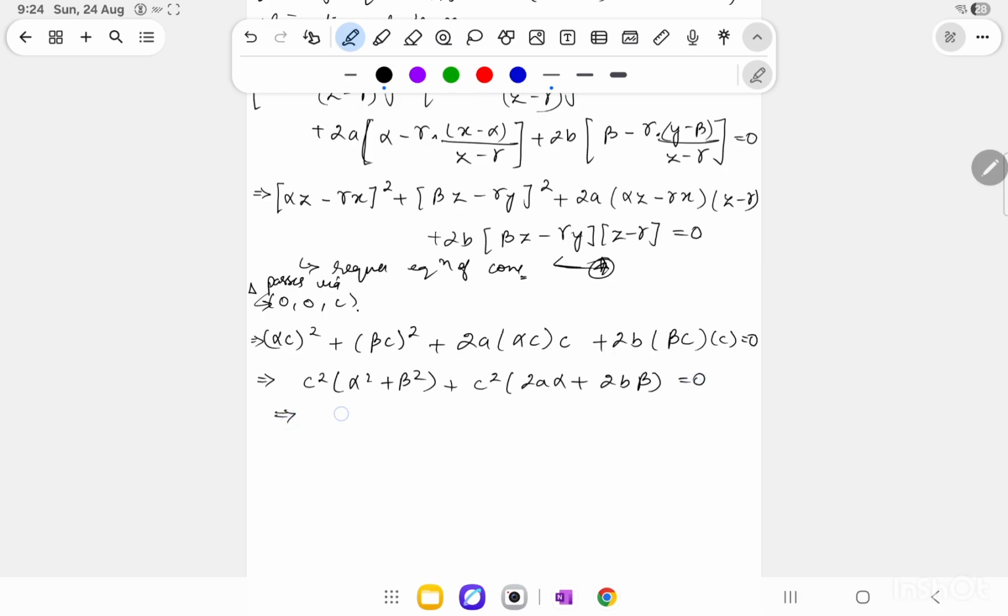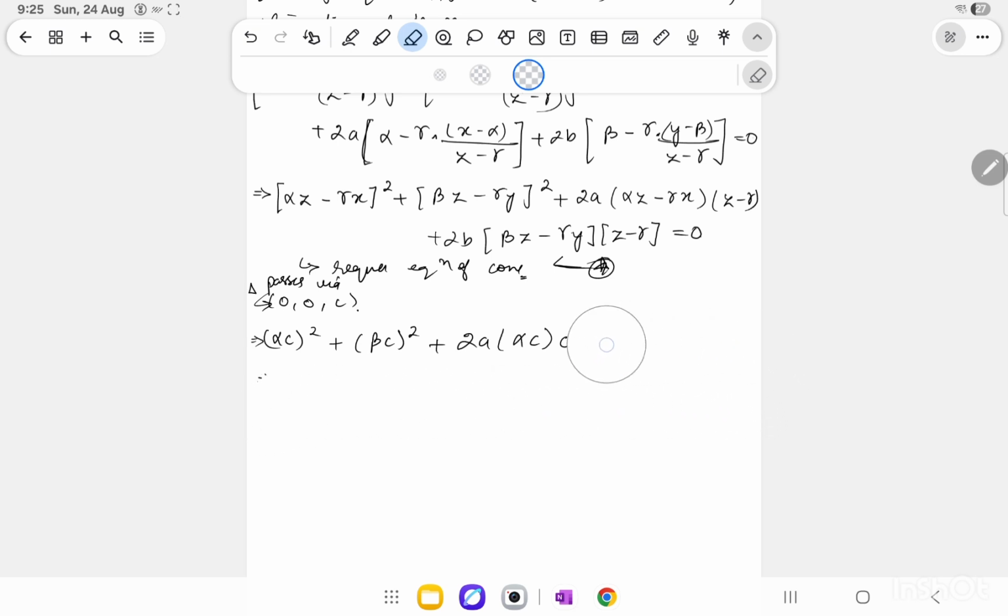Actually, here it will be, yeah, because then we'll get only the previous equation. It will be (c minus gamma) plus 2b into beta c into (c minus gamma) equals 0.